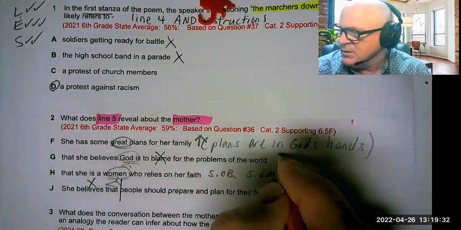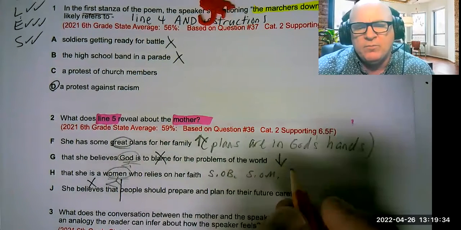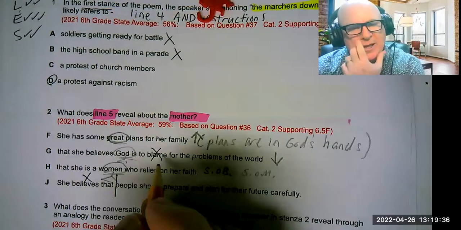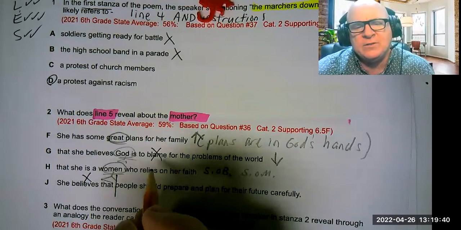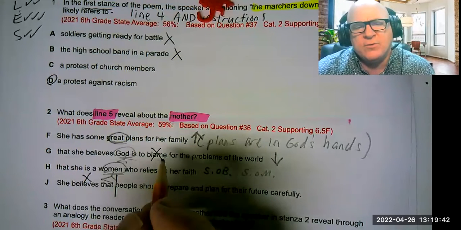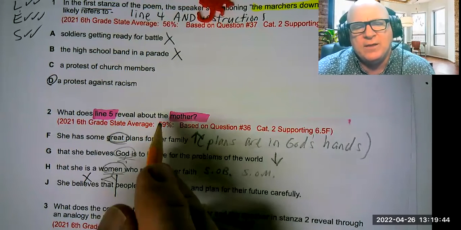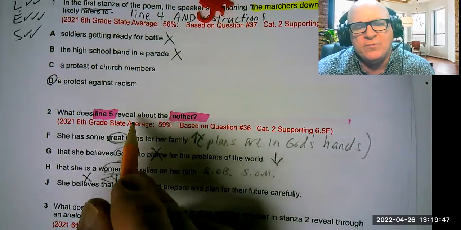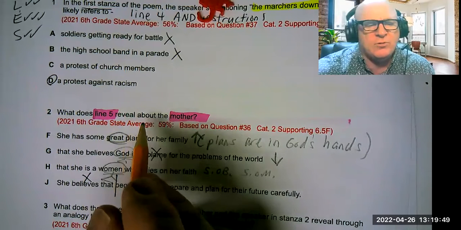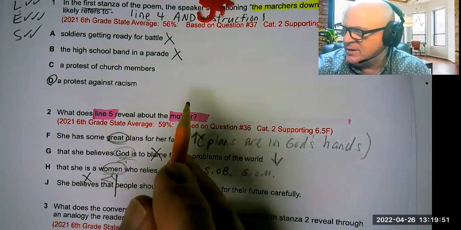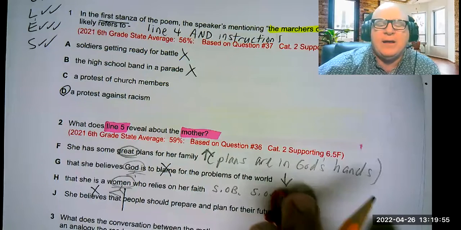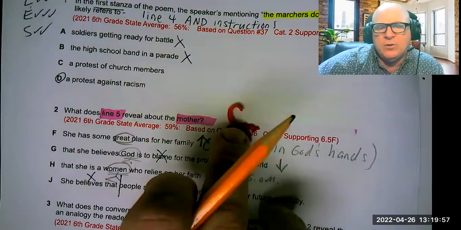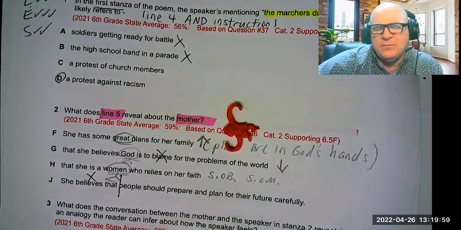Okay. I'm going to cross off that word blame because I'll show you in line 5 and the previous lines. I use red for the question in this case. And then when we back up, we'll use yellow. If we have to move forward, we'll use green. So we have a red monkey. And so they're not even asking about a whole stanza.